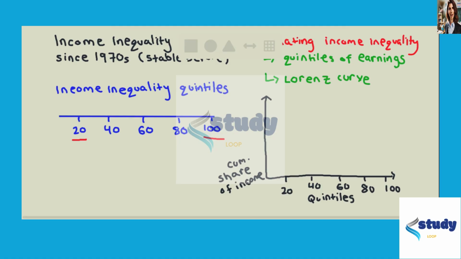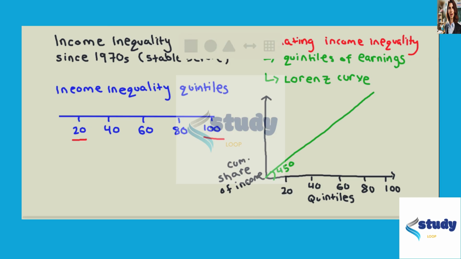And to see how unequal the distribution is, our relative level of perfect equality is a 45-degree line. This basically tells us if the share of income is proportional to the quintile.